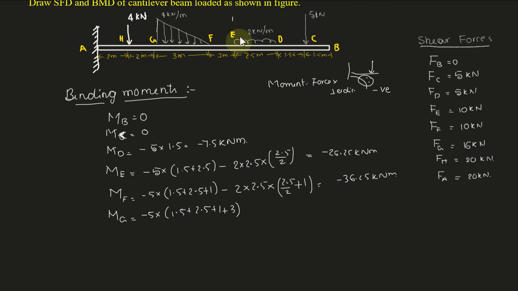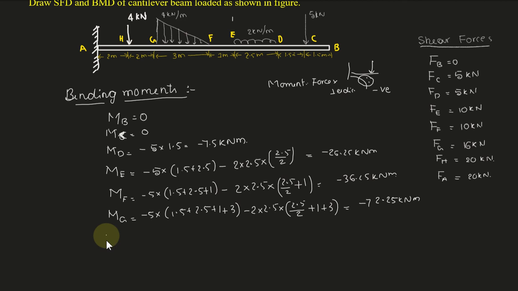We have another load now: minus 2 kilonewton spread over 2.5, multiplied by the perpendicular distance from the center. The centroidal distance is 2.5 by 2, common up to E, and now we have to add the distances up to G, that is 1 plus 3. We will get minus 72.25 kilonewton meter. That is the bending moment here.